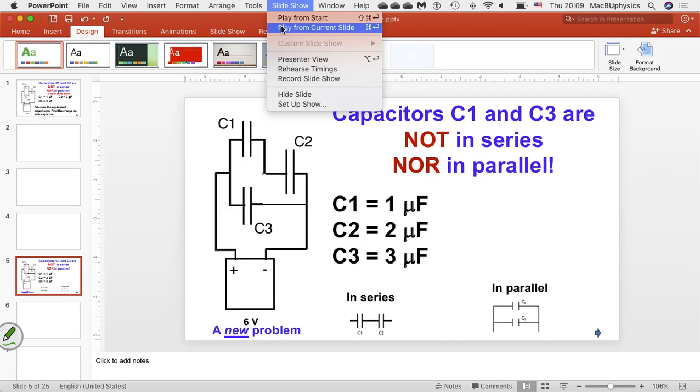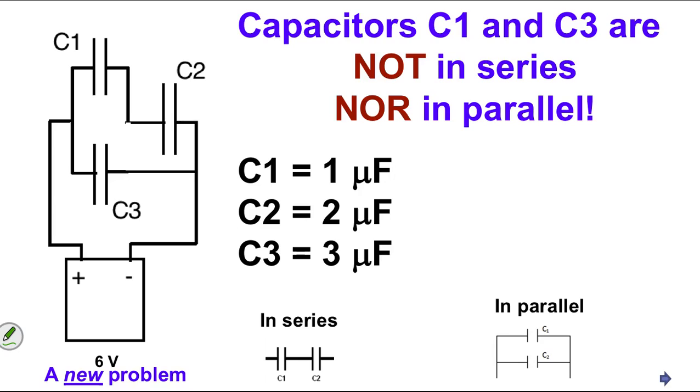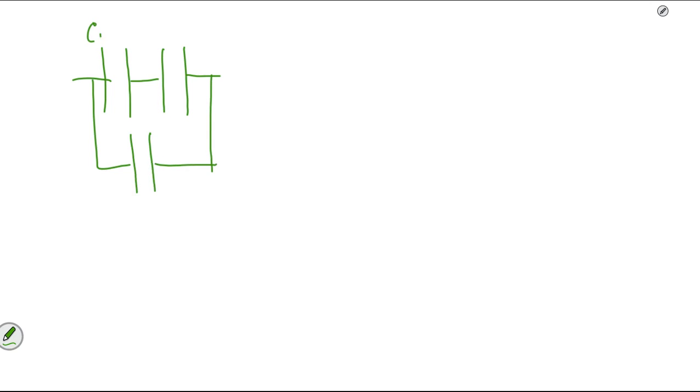Next problem is this one. So here we got same capacitors but connected differently. 1, 2, 3. Now in the lecture I actually made a mistake here. Brain freeze. So I want to replace these two capacitors with one.